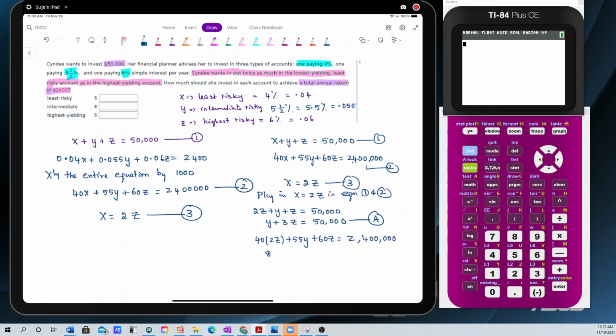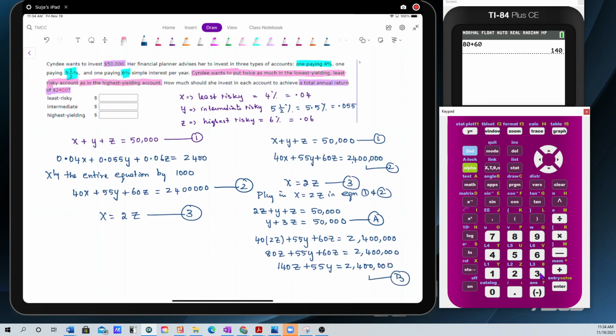Simplify it, so this would be 80Z plus 55Y plus 60Z is equal to 2,400,000. I'm combining the like terms, right? 80 plus 60. Okay, use my calculator. So 140Z. So 140Z plus 55Y is equal to 2,400,000. So this is my labeled B.